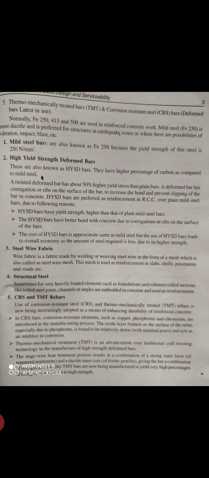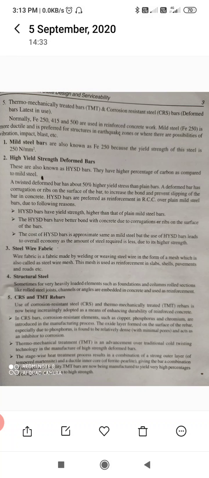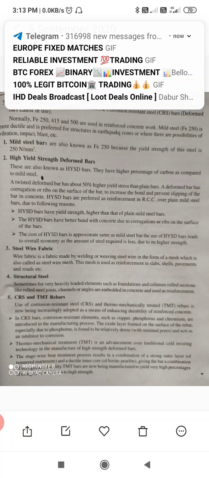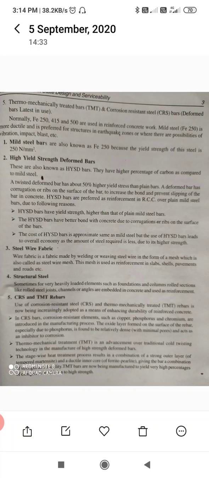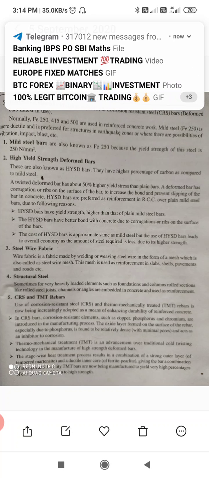They have a very high percentage of carbon as compared to mild steel, and when twisted and deformed, these bars obtain 50% higher yield strength than plain bars. A deformed bar has corrugations or ribs on its surface to increase the bond and to prevent slipping of the bars in concrete. That is a major thing.